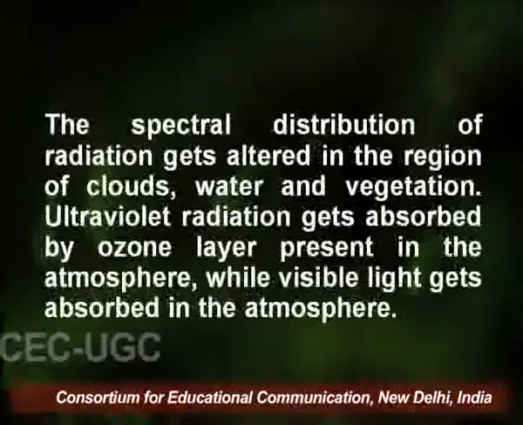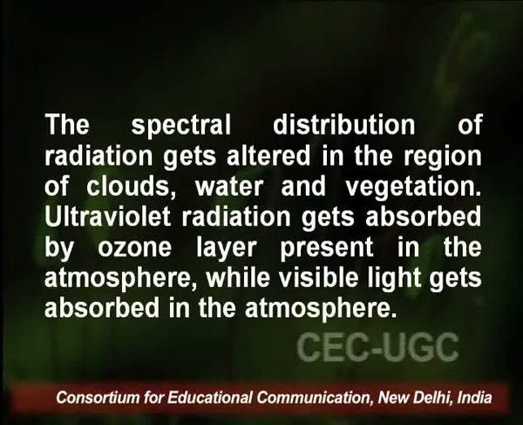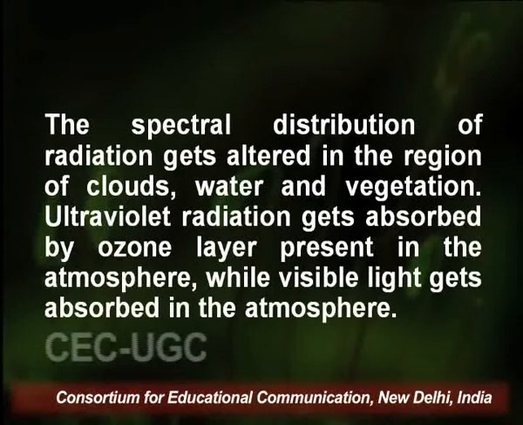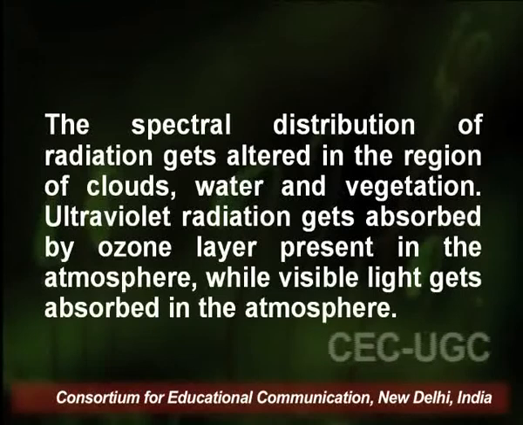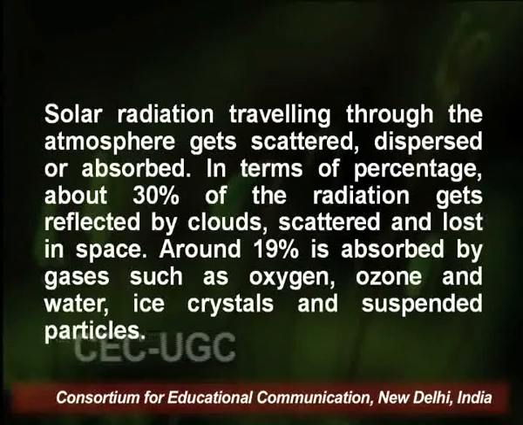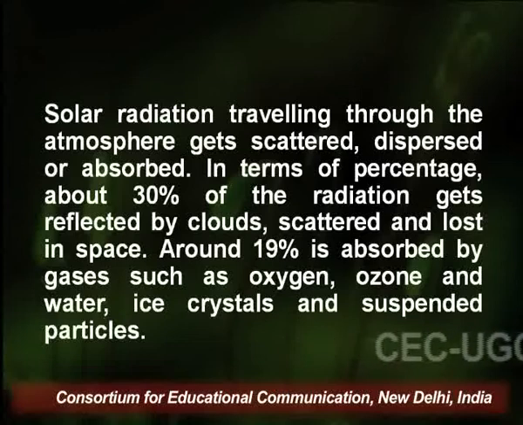The spatial distribution of radiation gets altered in the region of clouds, water and vegetation. The ultraviolet radiation gets absorbed by the ozone layer present in the atmosphere, while visible light gets absorbed in the atmosphere. The solar radiation traveling through the atmosphere gets scattered, dispersed or absorbed.